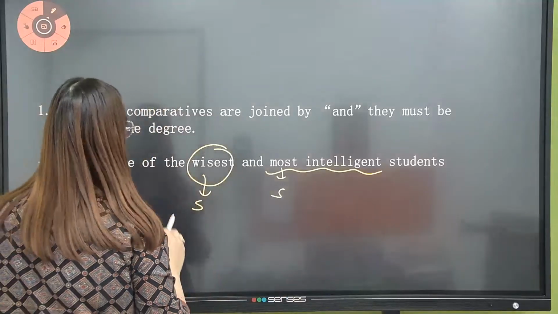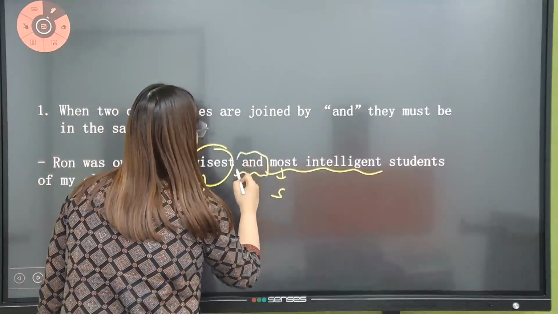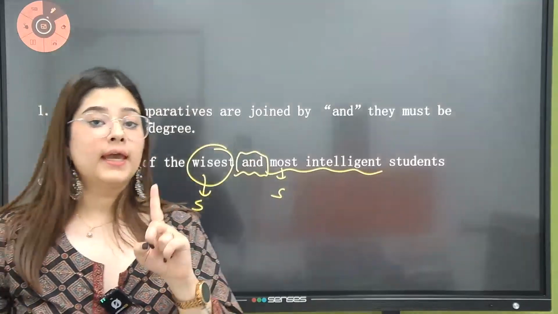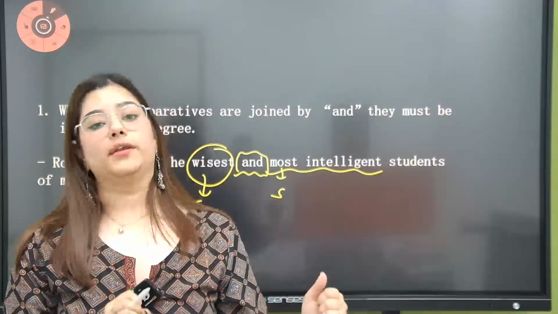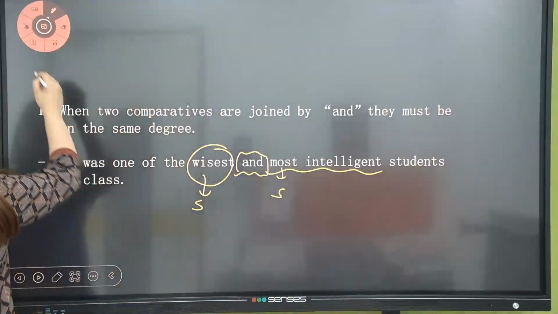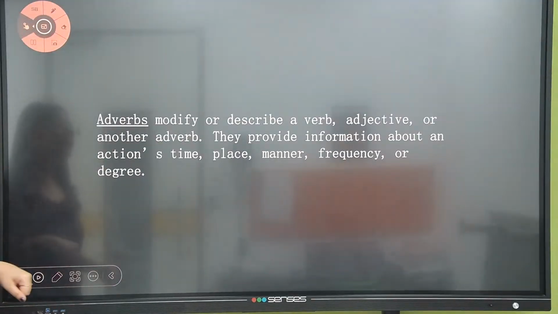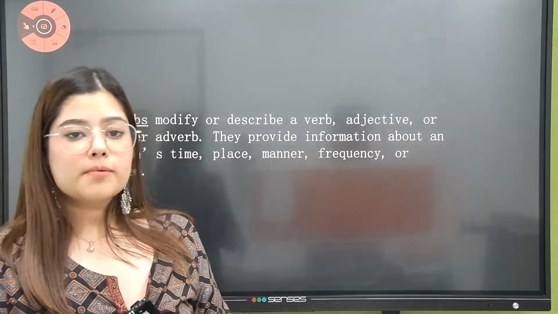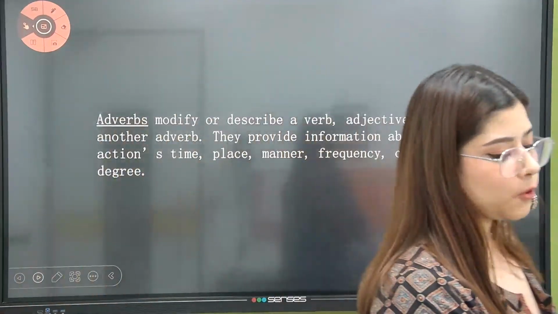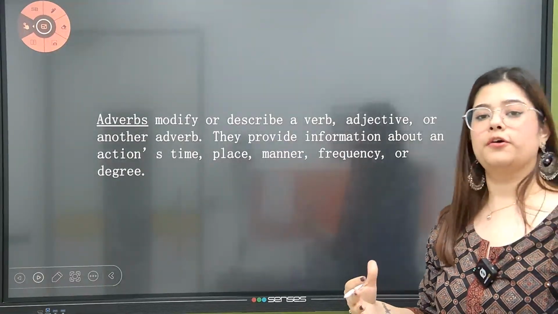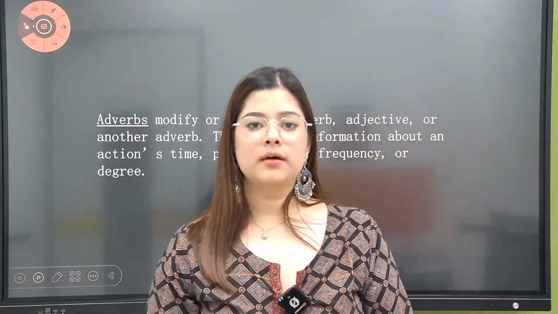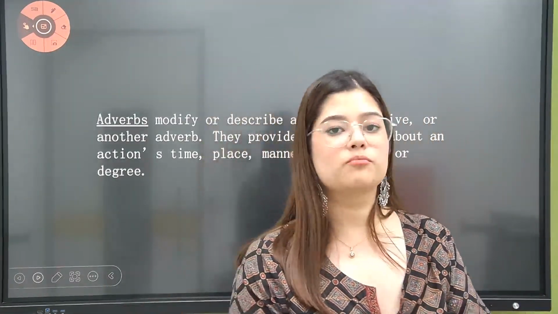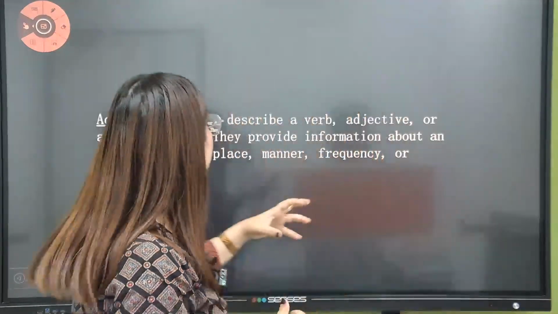When two comparatives are joined by and, they should be in the same degree. Right? Moving on. We'll talk about adverbs now. I'm just brushing through all the topics because this is something that we are already quite familiar with. So I'm just going to take this as a revision class.